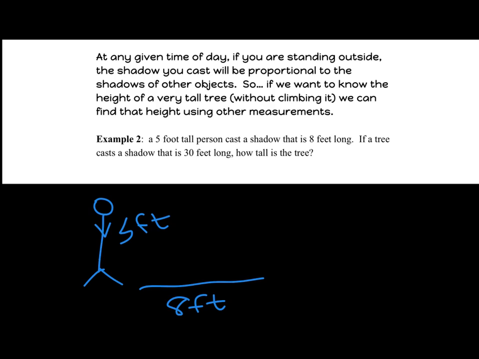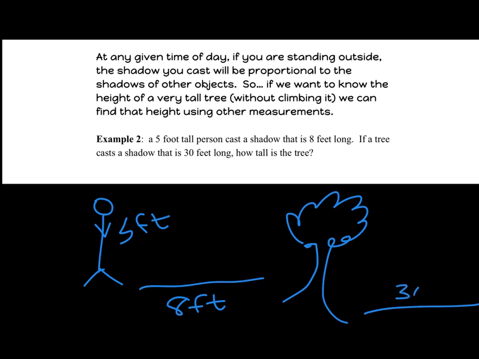All right, we have a tree, and the tree casts a shadow that is 30 feet long, and we are solving for the height here. We want to know how tall the tree is. Okay, so the corresponding sides that we have are 8 feet shadow and a 30-foot shadow.